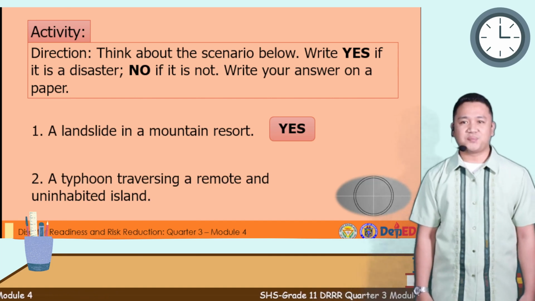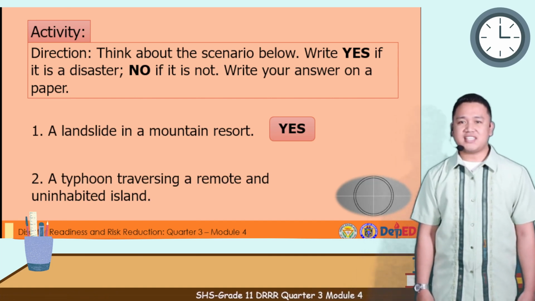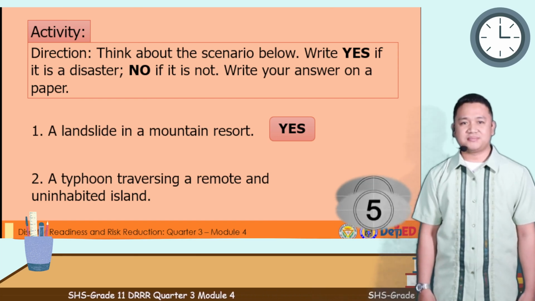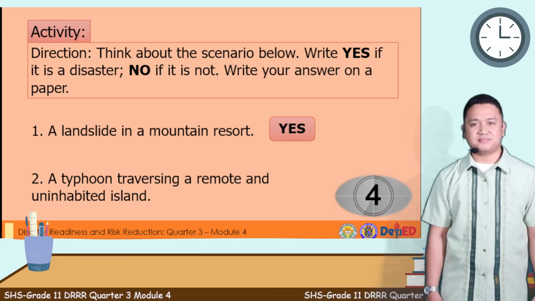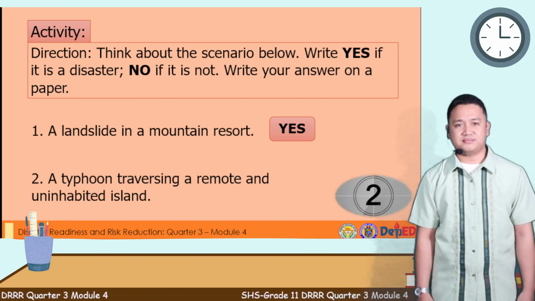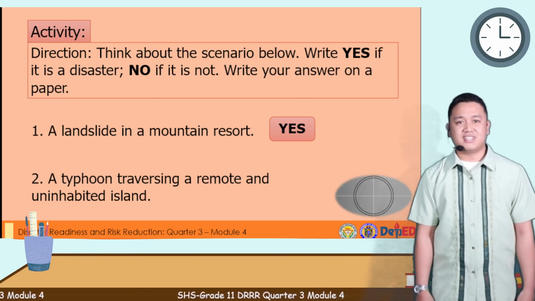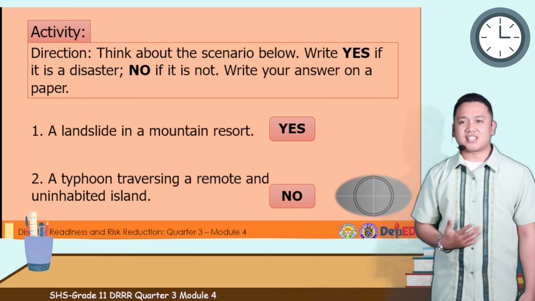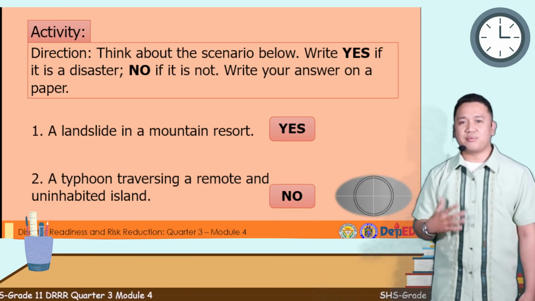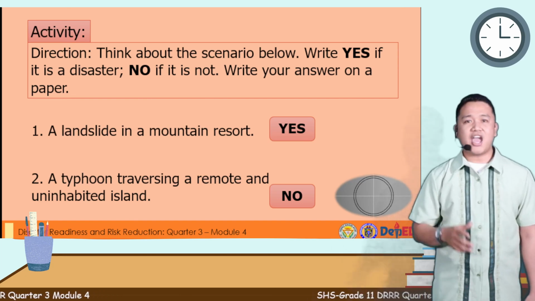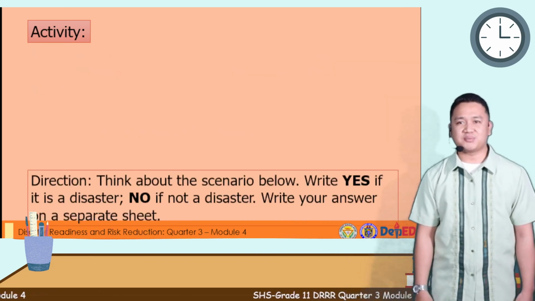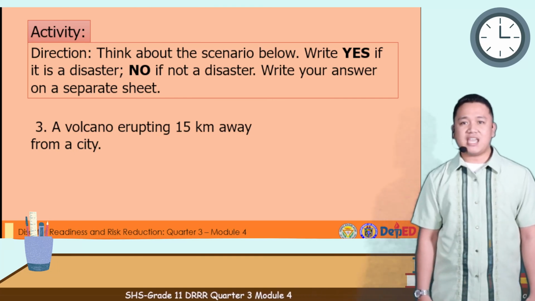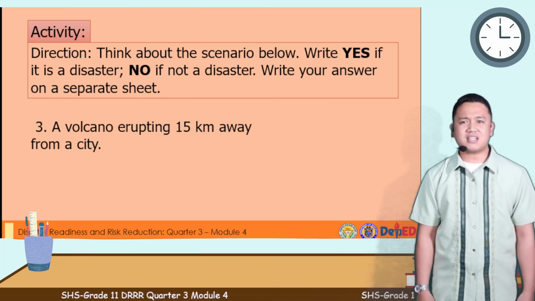Number 2, a typhoon traversing a remote and uninhabited island. The answer is no, because whether it is a super typhoon traversing a remote and uninhabited island, there is no disaster. Next, number 3, a volcano erupting 15 kilometers away from a city.